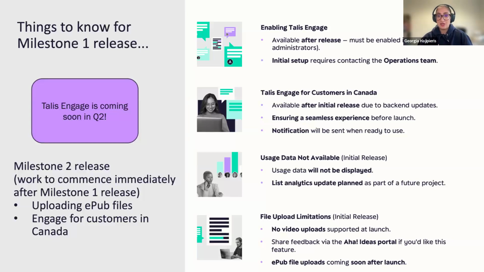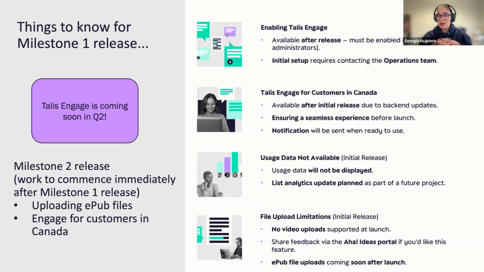To initially turn on and enable Engage, you'll need to get in contact with our operations team, our support team, via a support ticket, and they'll be able to set that up for you. And then after that point, you'll be able to enable and disable Talis Engage however you wish. That will be available for the system administrators to do inside of the settings area. There'll be a way for you to request that enablement.